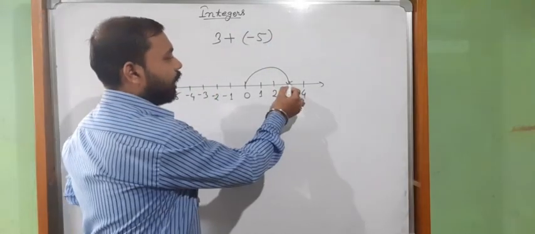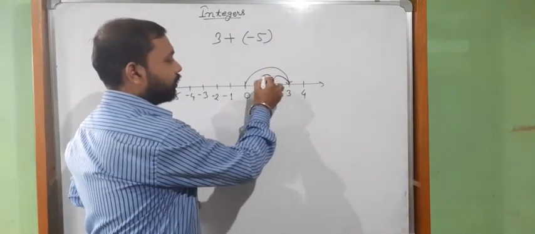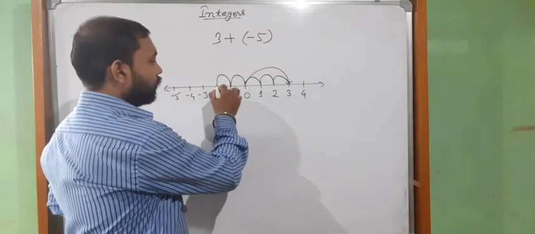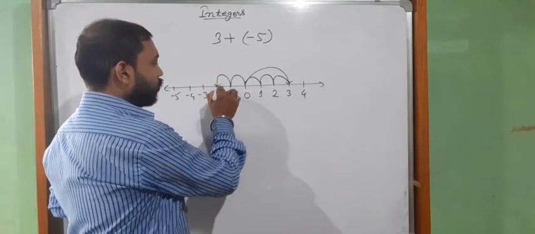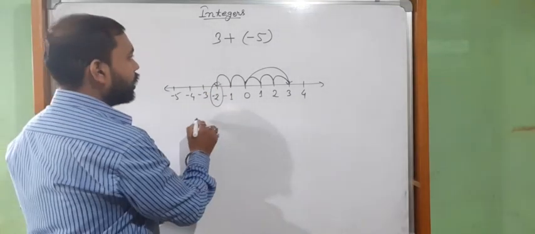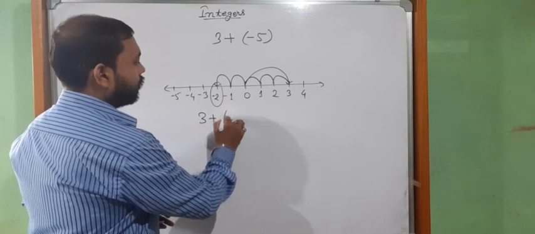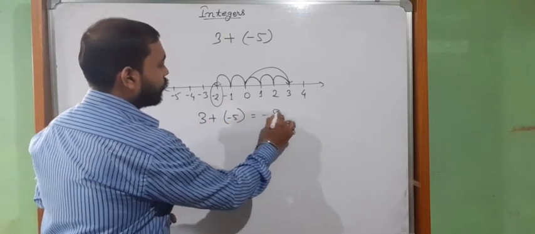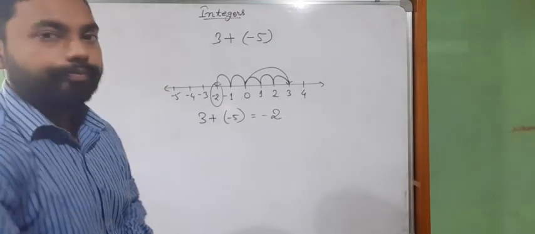So from 3 we count 1, 2, 3, 4, 5. Where have we stopped? Minus 2. So we can conclude that 3 plus minus 5 is equal to minus 2.